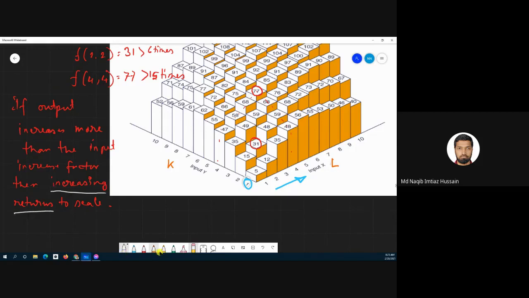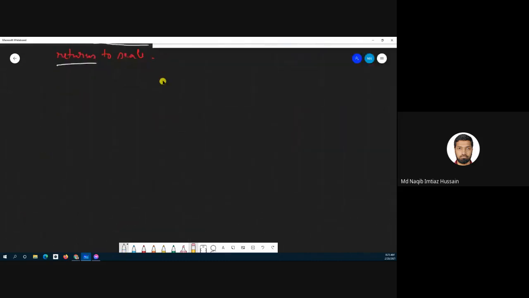If the output remains equal, let's take a production function. Let's say you have a function like this: q equals root over lk. This is the production function. Now if you double the input, what will happen?